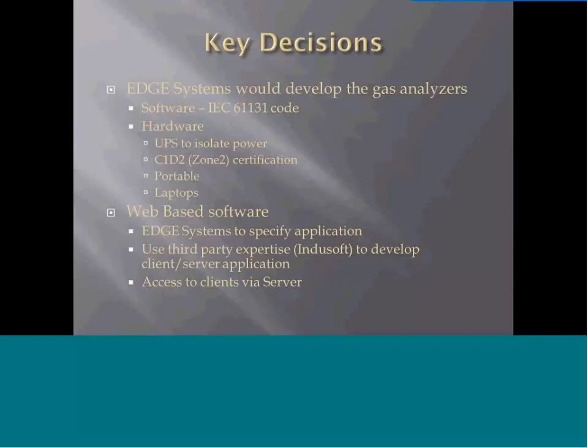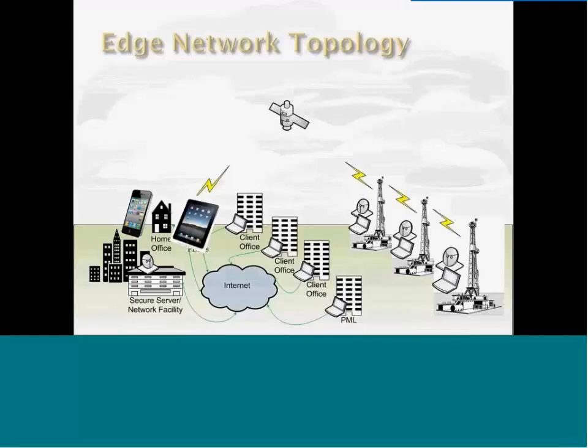We developed the gas analyzers, the chromatography, and obviously provided all the system specifications to InduSoft for the web-based product and for the server. And InduSoft then went away and wrote all the applications using their toolkit for the system. So that's in a nutshell how we broke the work up and specified the system.